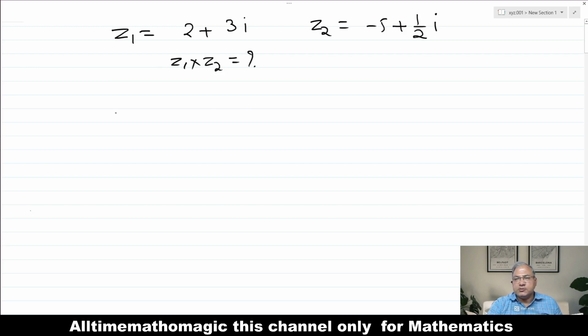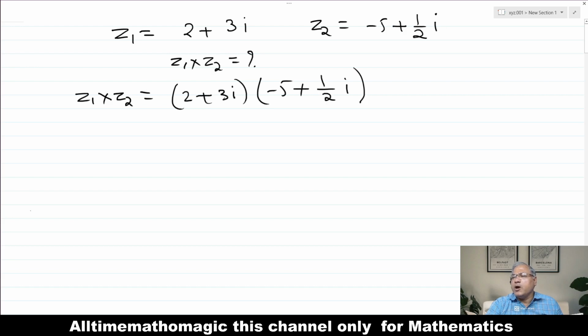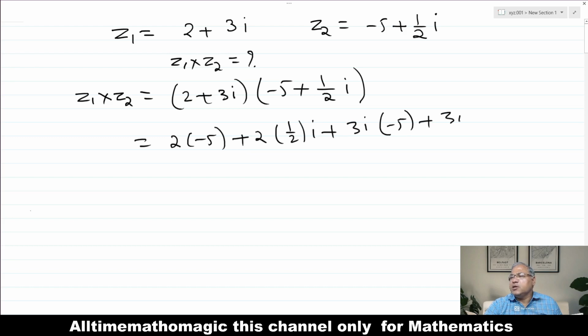So Z1 is 2 plus 3i and Z2 is minus 5 plus 1 by 2i, that equals 2 into minus 5 plus 2 into 1 upon 2i plus 3i into minus 5 plus 3i into 1 upon 2i. You can write directly also, but I wanted to make you understand, therefore I am writing all the steps. You can skip this step.